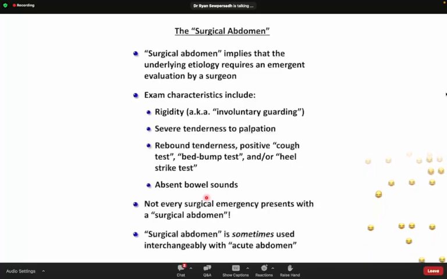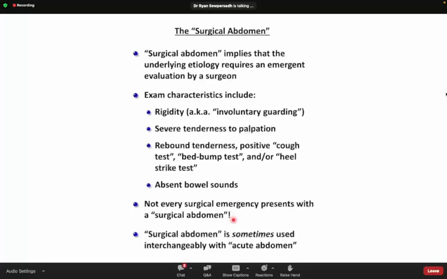Now, none of these findings in isolation necessarily indicates a surgical abdomen, but seeing multiple of them in a patient whose history is consistent with a possible surgical emergency would suggest this general situation. Also, guys, I want to point out, not every surgical emergency presents with a surgical abdomen, right? Specifically emergencies which are extraperitoneal. Now, which emergencies are extraperitoneal? Classically, a ruptured aortic aneurysm will not give you peritoneal signs, okay?